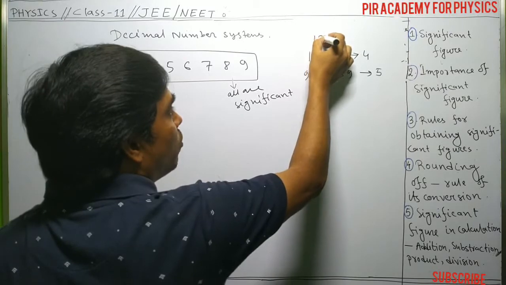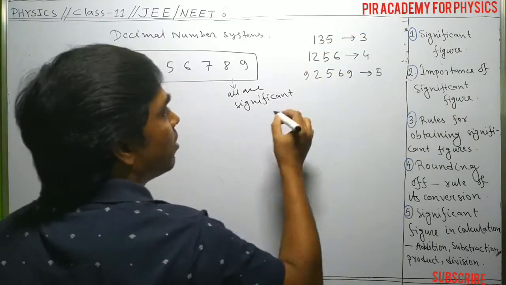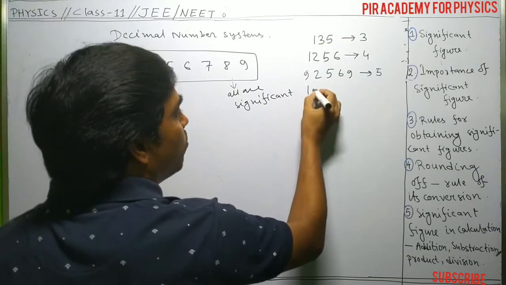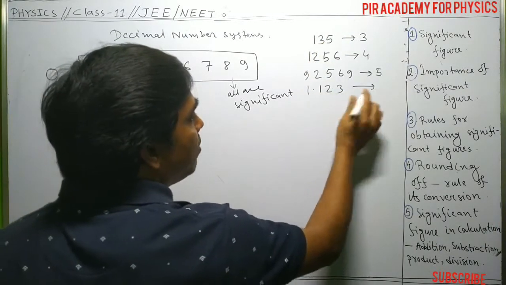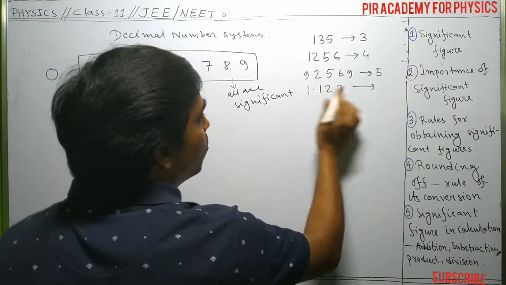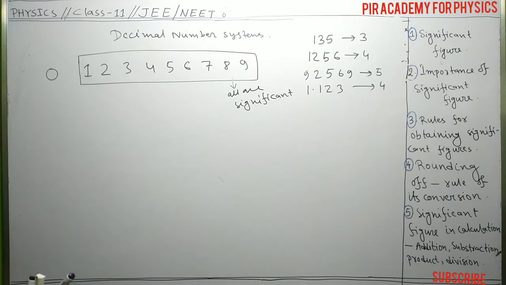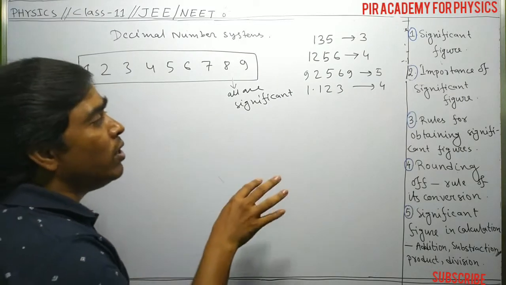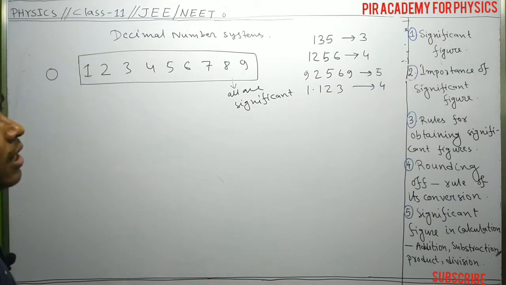For 1, 3, 5, what is the number of significant figures? It is 3. And for 1.123, what is the number of significant figures? Here it is 1, 2, 3, 4. That means all the numbers except 0 are always significant figures.